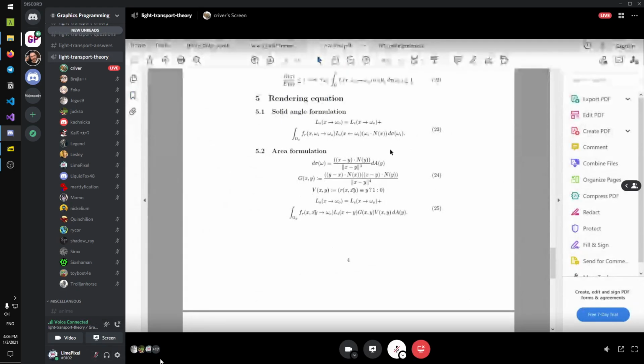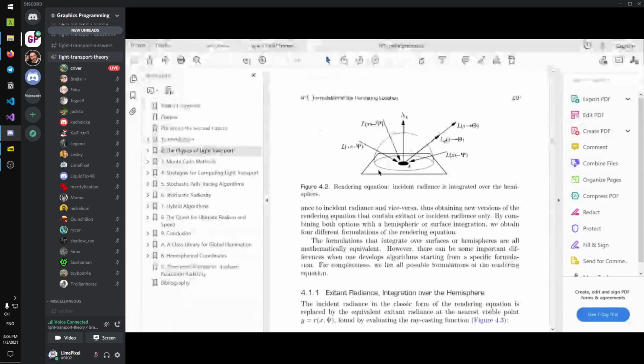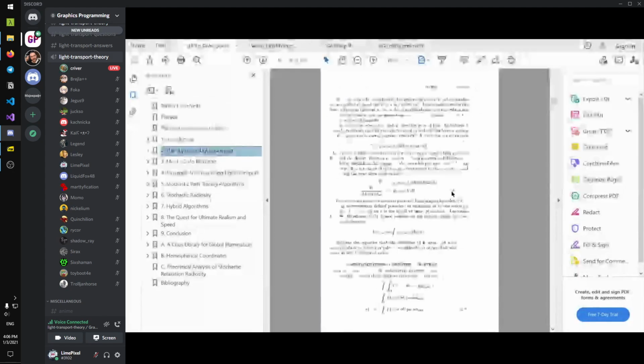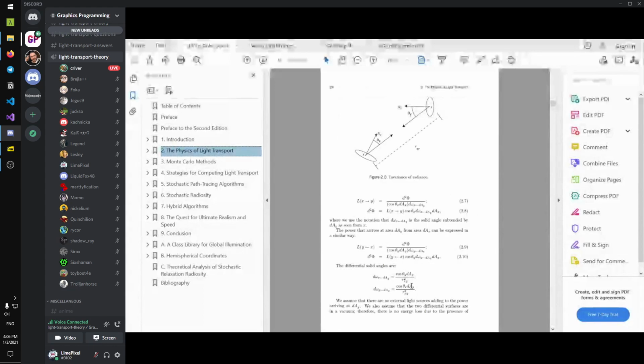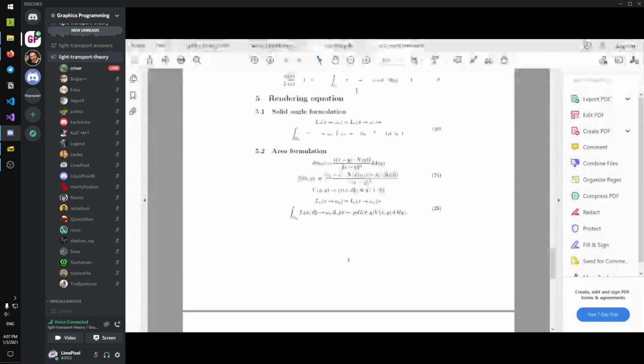So the area formulation, you have this relationship. We saw it before. We saw it here also. The relationship that relates differential solid angle to differential area.